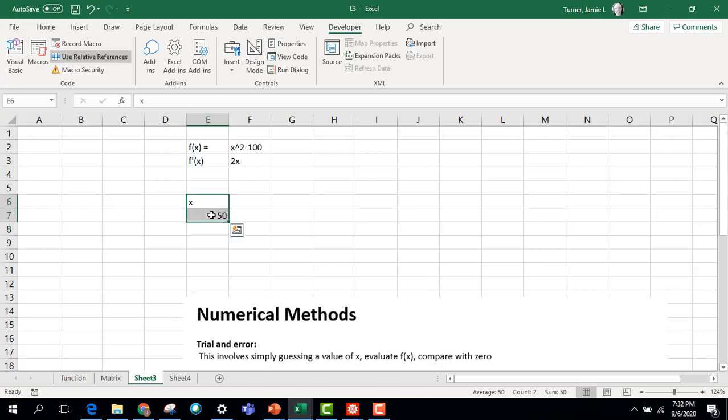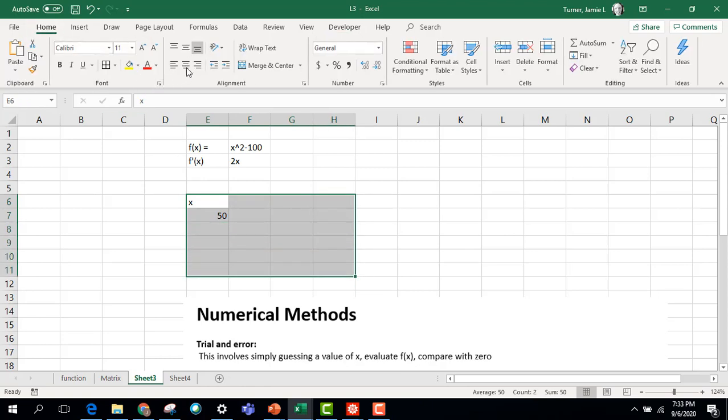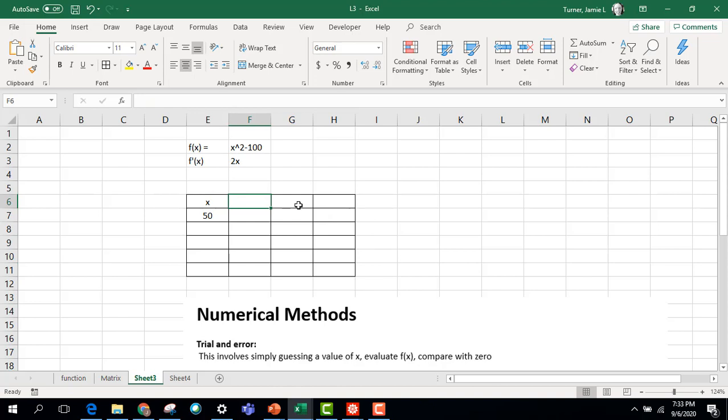I'm going to make a couple of different columns here. This is my original equation, the line that I want to go to 0. Here's my derivative.